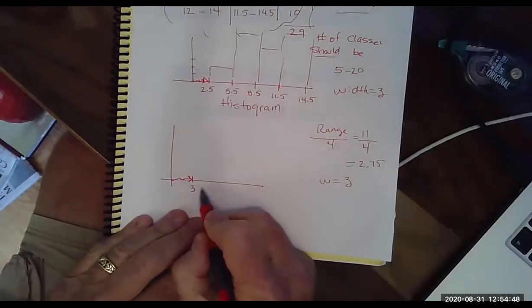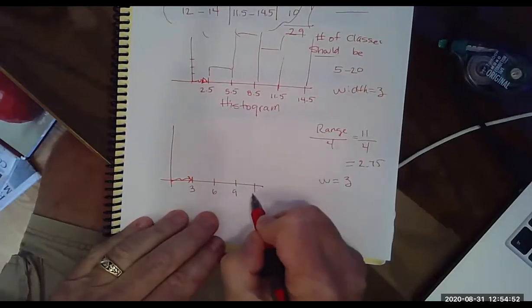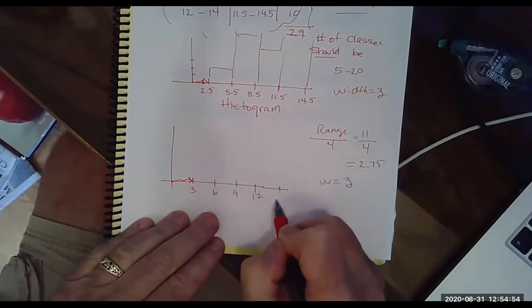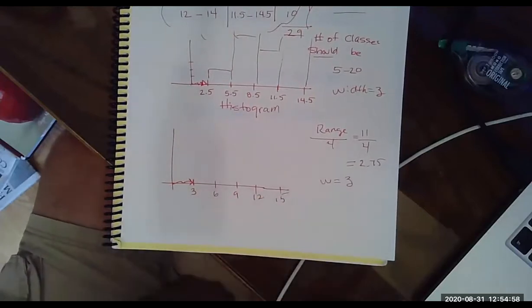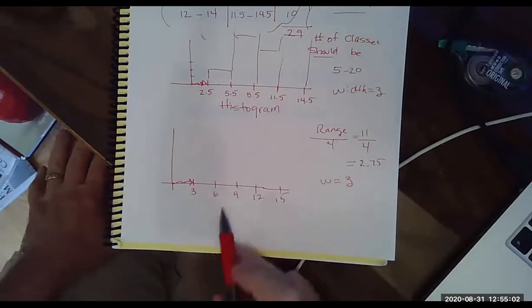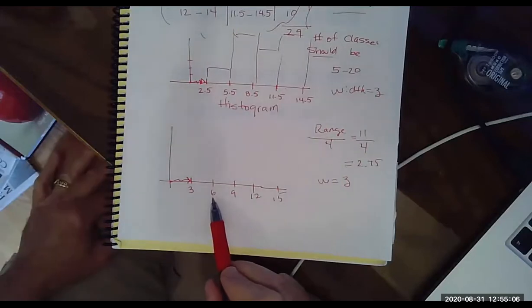So 3 plus 3 is 6, and then 9, and then 12, and then 15. And I have 1, 2, 3, 4 rectangles, and you put the raw data in, and if there was a raw data of a 6, it goes in this pile.